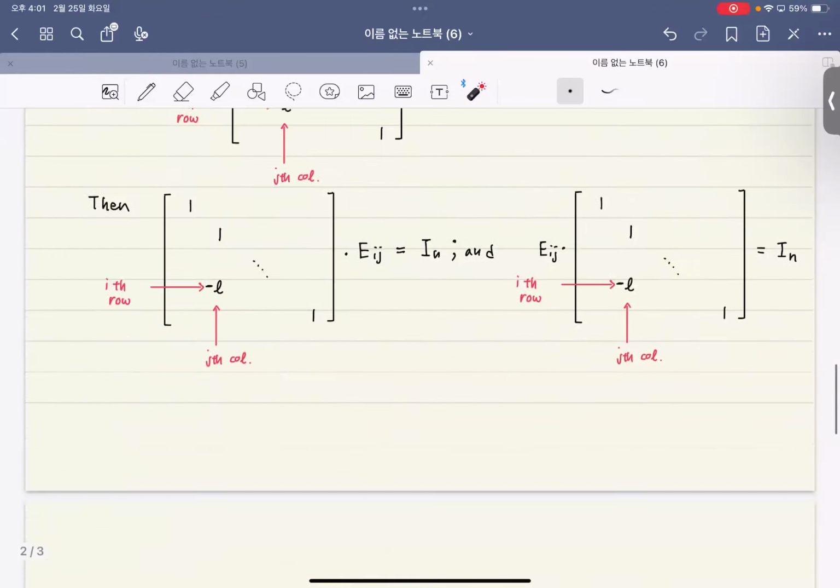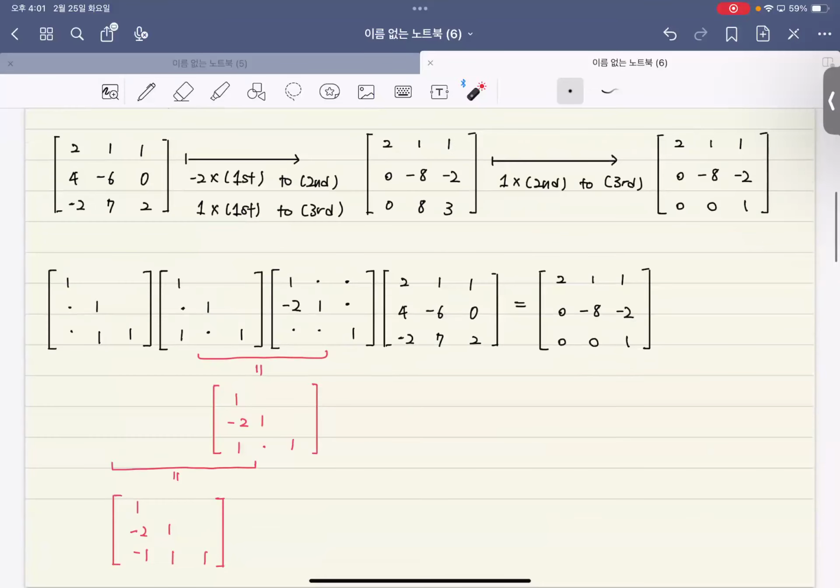Let me go back. Previously, I tried to multiply these three elementary matrices in this order, but the resulting matrix had entries which were different from the original one. So in particular, this guy was different from this one.